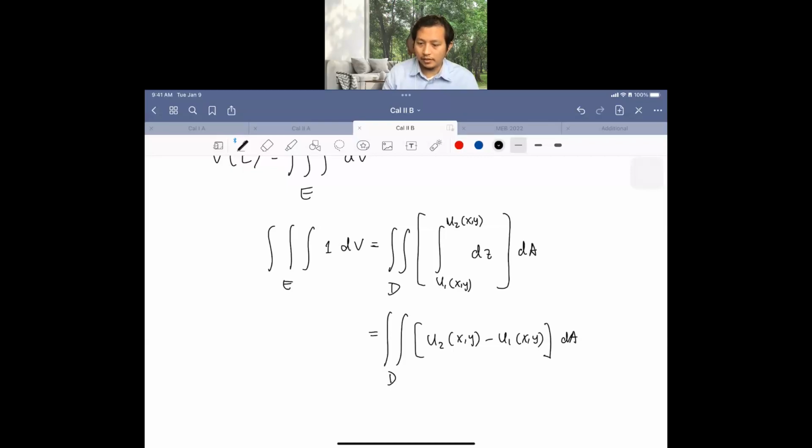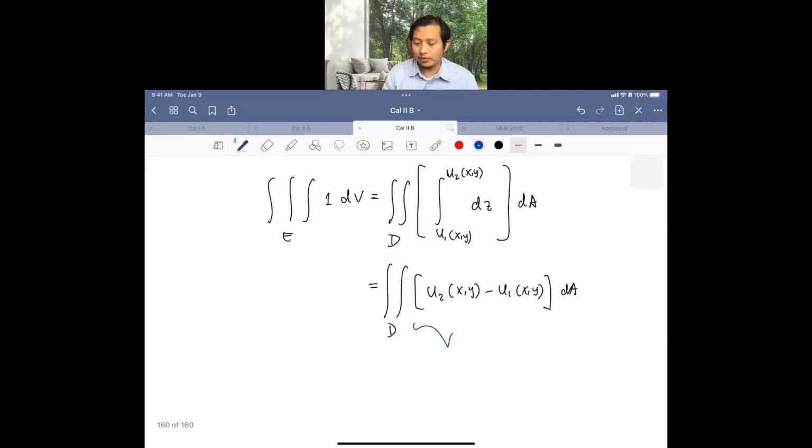And we know that, if you remember this double integral with this subtraction, it represents the volume that lies between z equals u2(x,y) and z equals u1(x,y).